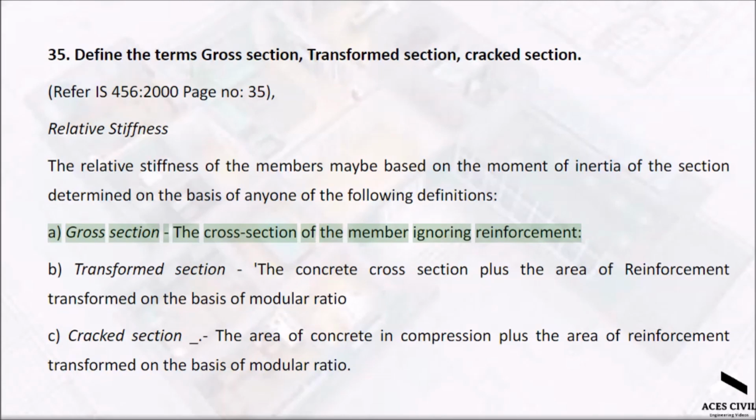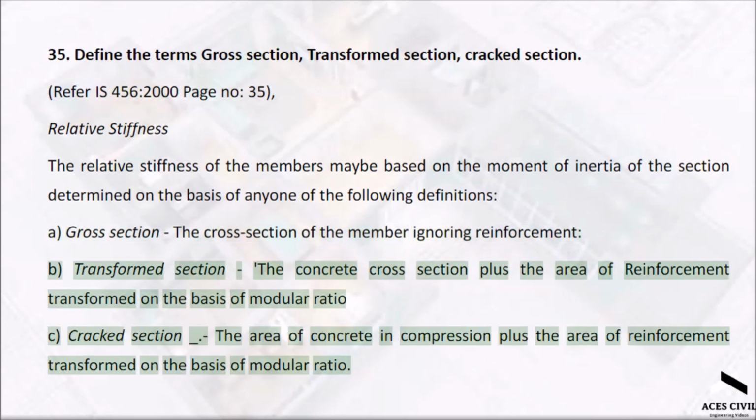A. Gross section: the cross section of the member ignoring reinforcement. B. Transformed section: the concrete cross section plus the area of reinforcement transformed on the basis of modular ratio. C. Cracked section: the area of concrete in compression plus the area of reinforcement transformed on the basis of modular ratio.